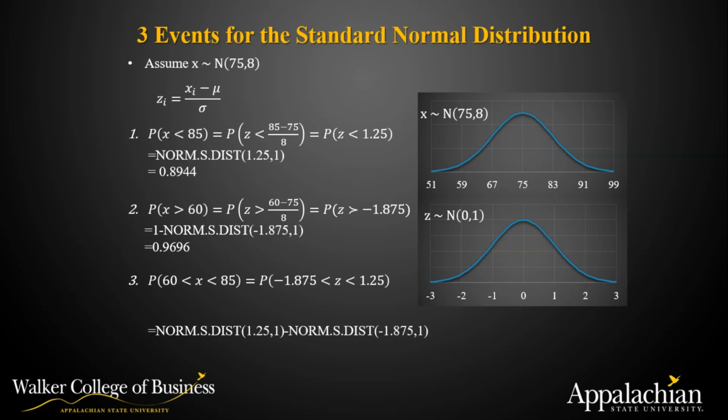So we're going to evaluate the standard normal CDF, norm.s.dist at 1.25, which will give us the blue shaded area, and subtract from that the CDF evaluated at negative 1.875, that is norm.s.dist, negative 1.875, to get the area left in the middle, which equals 86.4%.